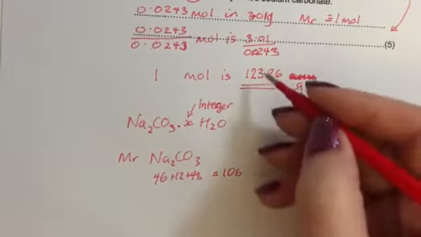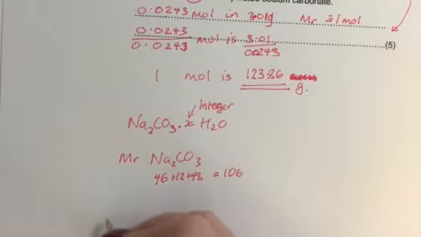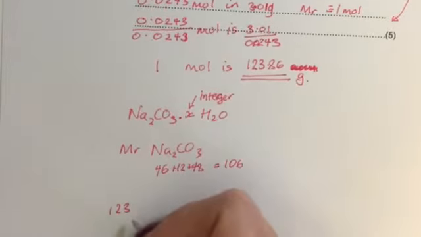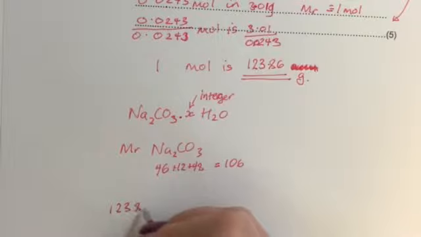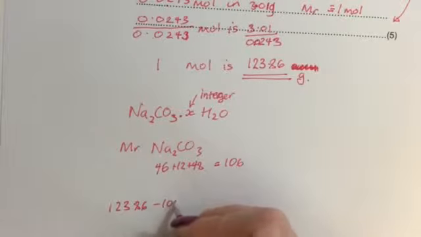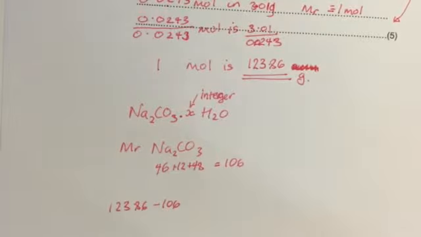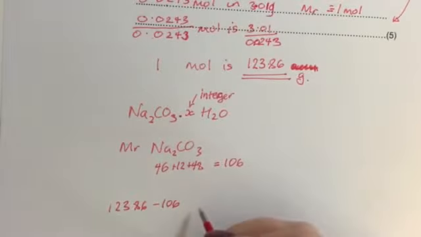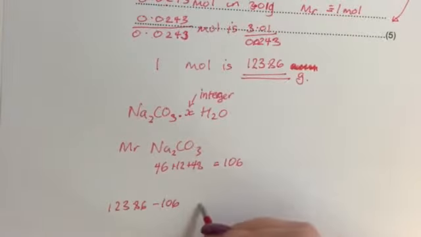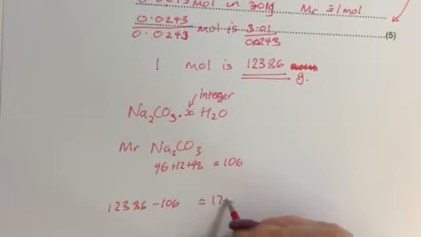When we look at the difference between the two, if you do 123.86 take away 106. Now, I haven't used all the decimal places here. I've only done approximate relative mass units, so you'll have to forgive me. This isn't going to be dead on, but 123.86 take away 106 gives you 17.86.